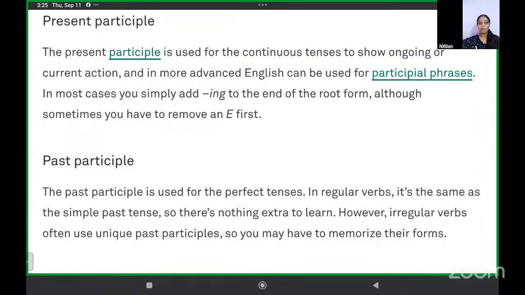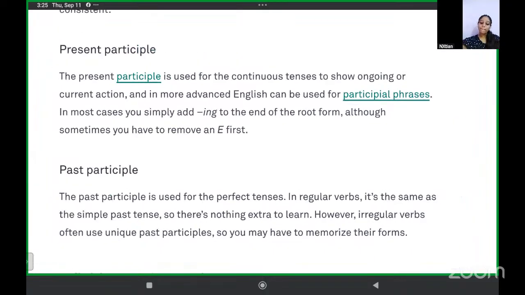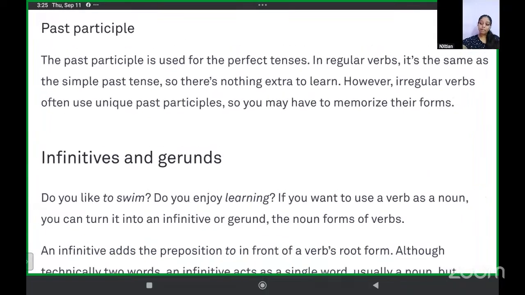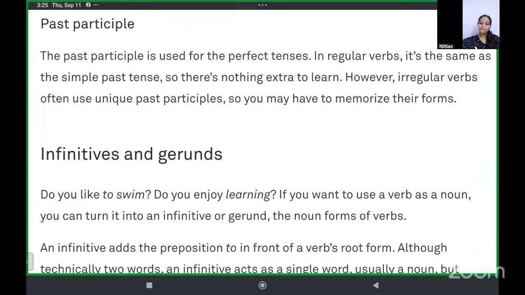That's all you have to remember, like playing, walking. Past participle. The past participle is used for the perfect tenses. In regular verbs, it's the same as the simple past tense, so there's nothing extra to learn.